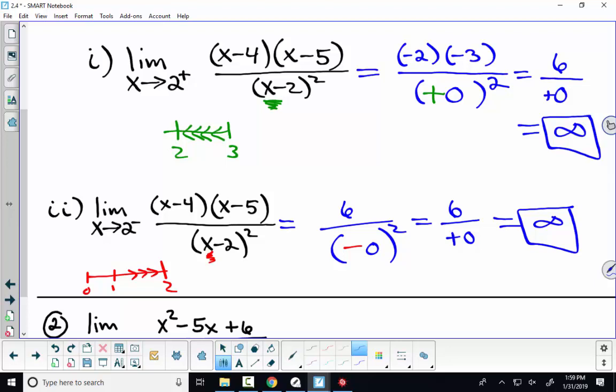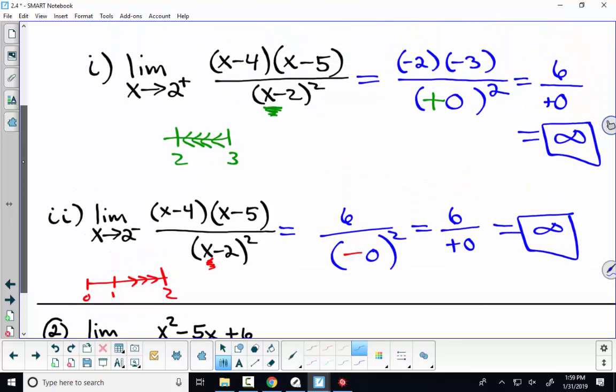I would recommend when you're doing these limits, even if it doesn't ask, to think to yourself, what is that telling me about the function? Like those limits in 2.3, when those things canceled out, we said there's a hole there at 1 comma 2/3. Here, we're saying there's a vertical asymptote at x equals 2. So keep those things in the back of your mind, because it does matter. It is important.